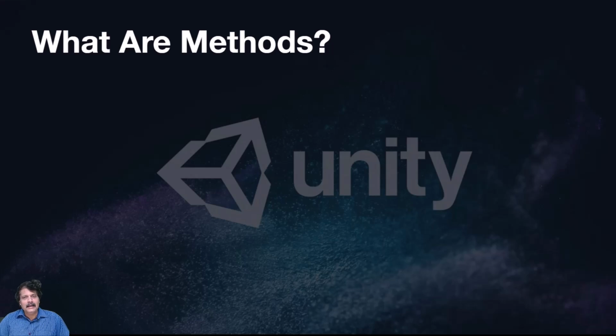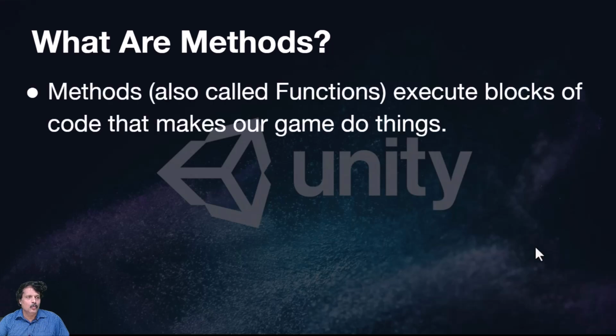Well, a method is an operation. Methods can also be called functions, where a set of commands are grouped together as code blocks and made to perform a specific task.